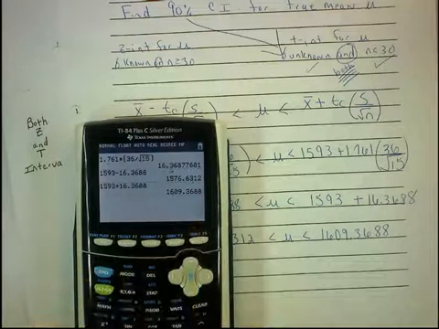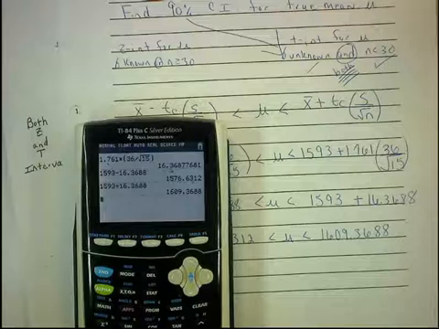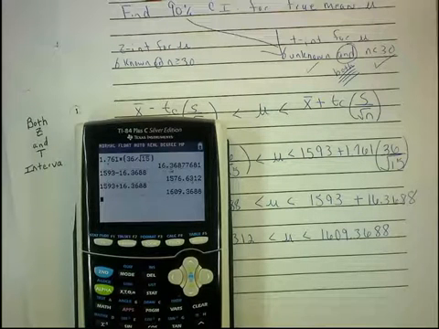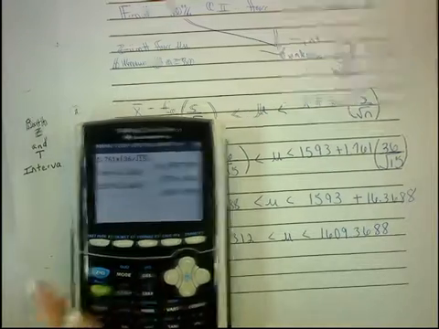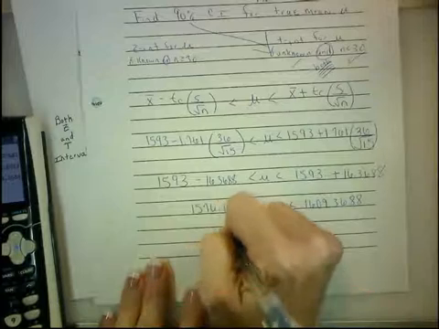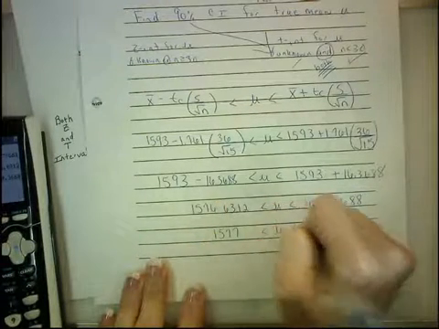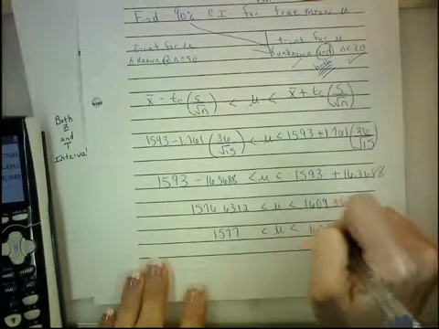And now we round. We round the lower and the upper to the same place as the given sample mean, which happened to be a whole number of 1593. So this one rounds to 1577, and this one rounds to 1609.